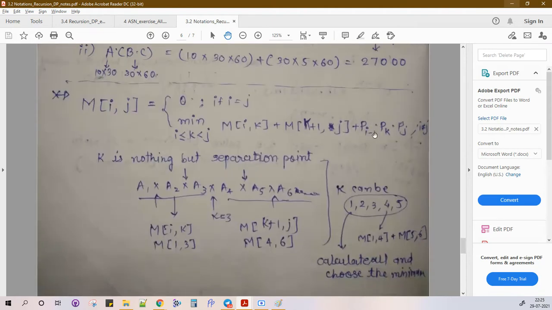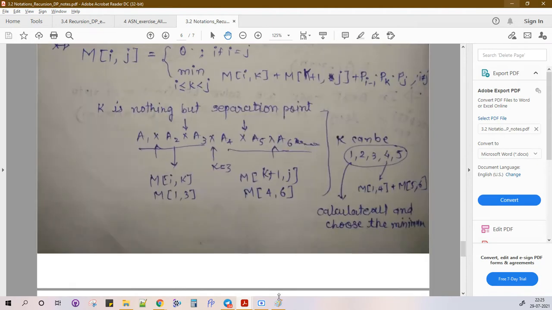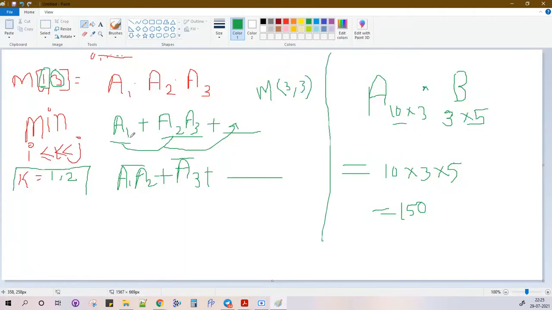So now we would be able to understand this cost. What would be the cost of multiplying these two matrices, right? So if I generalize it, for A1, what is the size? P0 cross P1.